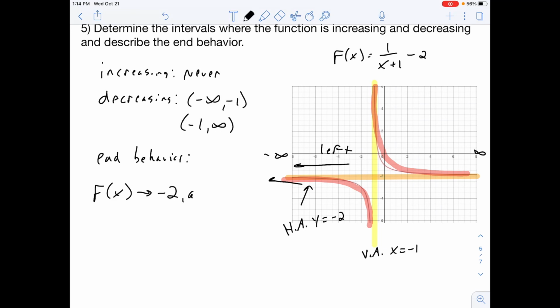It's approaching this horizontal asymptote as x goes to the left, which is negative infinity. And of course, as you go to the right, it's doing the same thing. It's approaching the horizontal asymptote. So f of x approaches negative 2 as x approaches positive infinity. All right, see you in the next video.